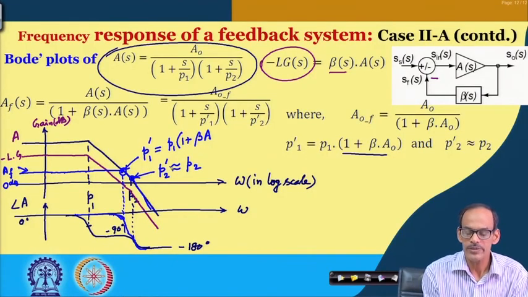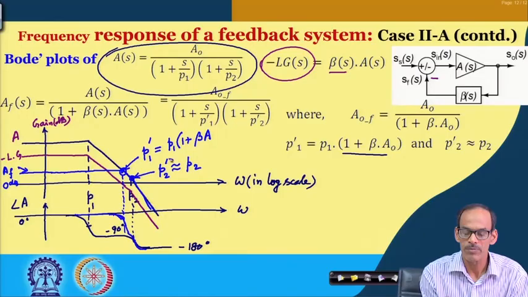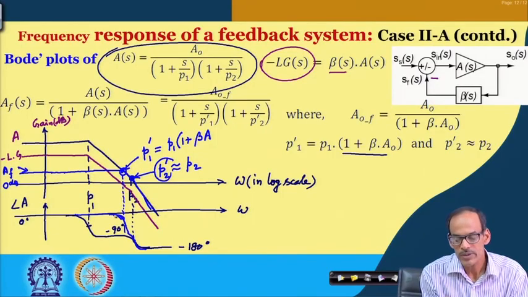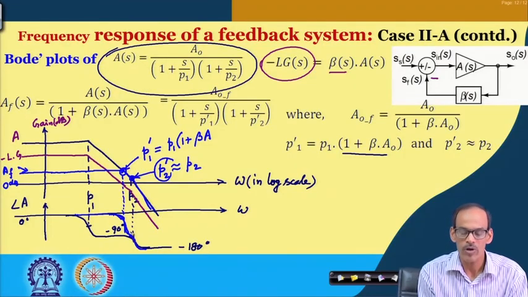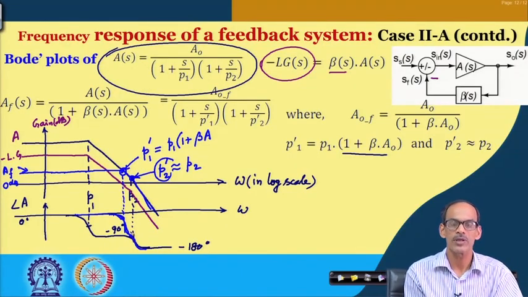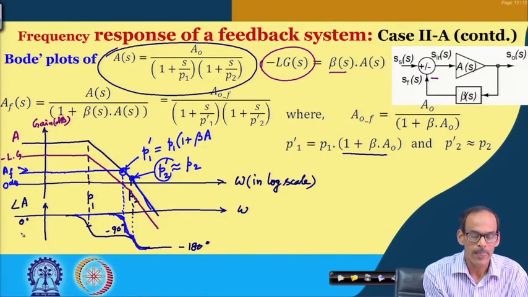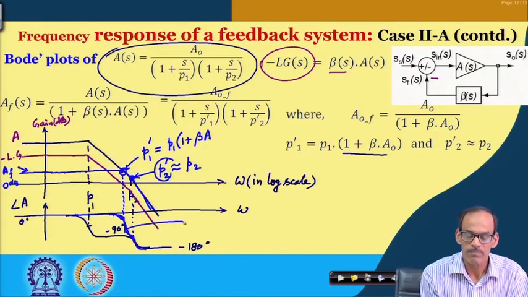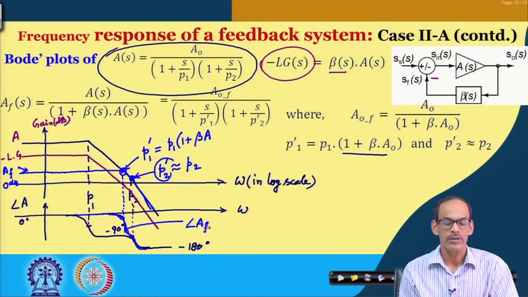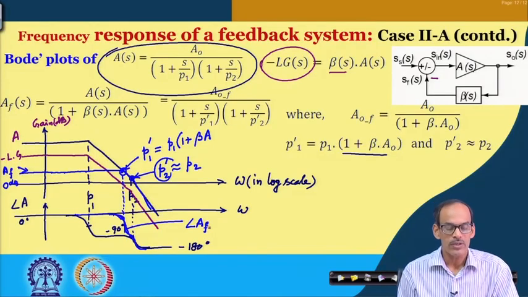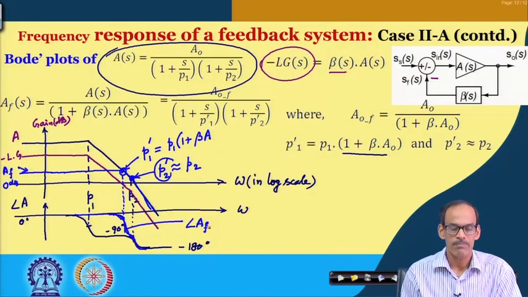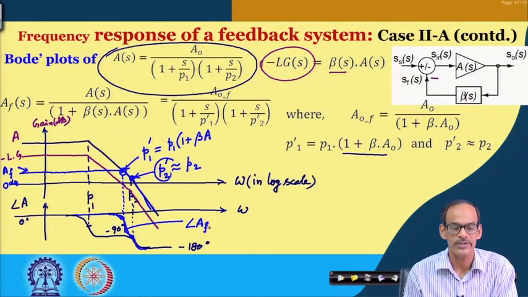So, depending on the spacing or separation of P1 dash and P2 dash, it essentially has either 2 steps, or maybe these 2 steps may be very close to each other. So, this is the phase of the feedback system AF, right. That is how the poles of A influence the pole of the feedback system.